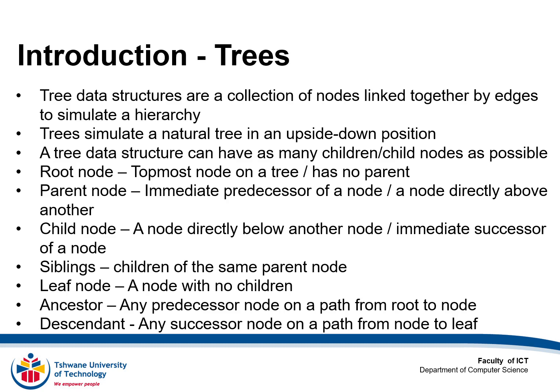A tree data structure can have as many children or child nodes as possible. At the very top of the tree data structure is what we call the root node. That node has no parent.